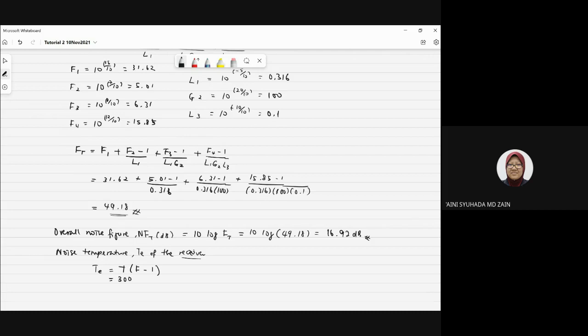We assume that it is 27 degrees Celsius, so this one also needs to be converted to Kelvin, since the noise temperature will be in Kelvin. So the F here is the one that you get from here, 49.18.